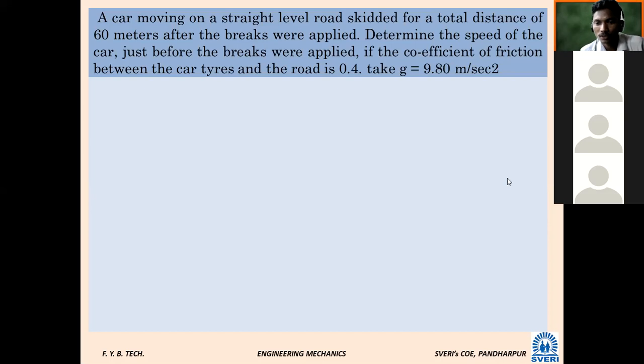Few students are only giving responses. Shubham, 58, will you read the problem loudly?